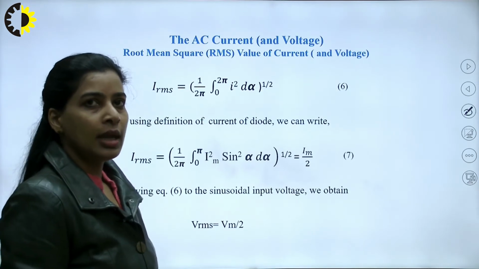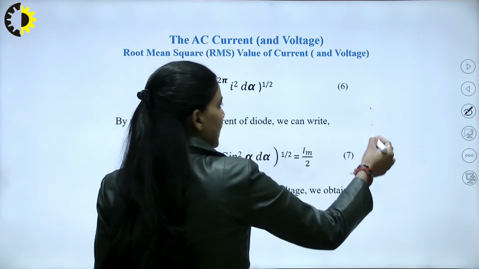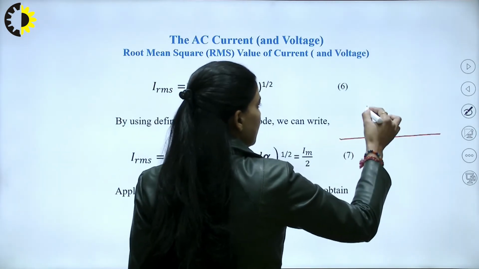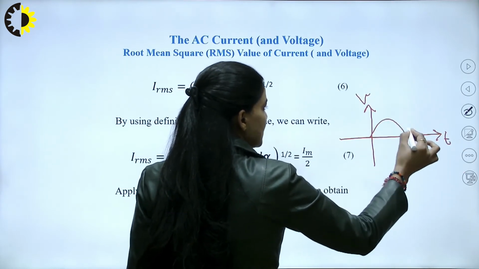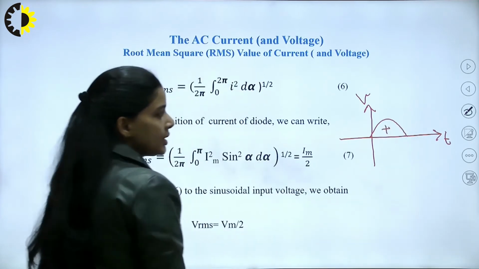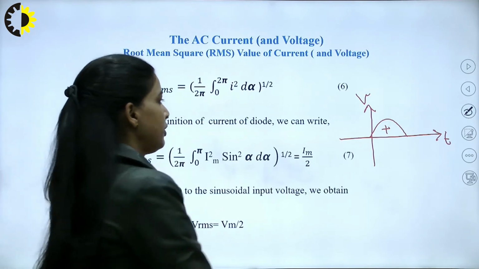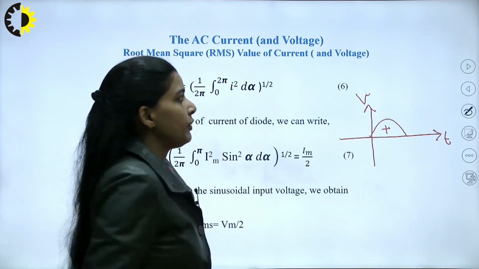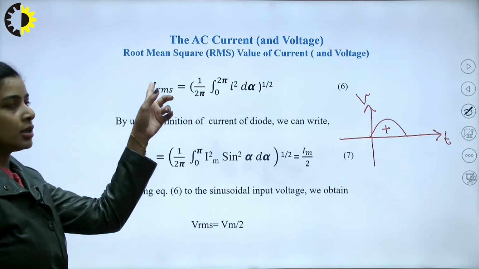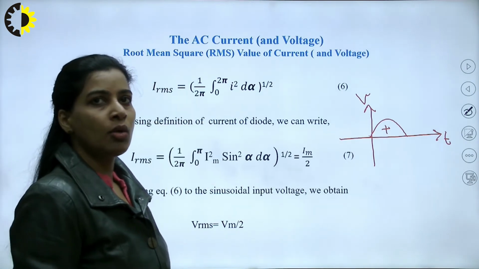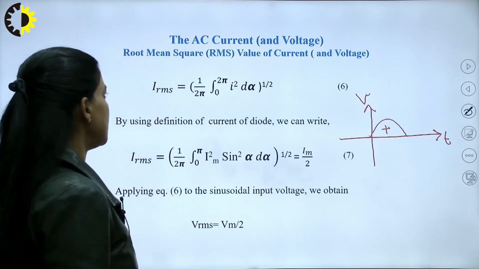Next is the AC current or the AC voltage. As we have seen, the output of the diode, either voltage or current, is what we are calling DC. This DC contains some AC component also, which we will see in detail later. So, we need to find that AC current also. That AC current is termed the root mean square value of the current, or the AC component of the current and voltage.